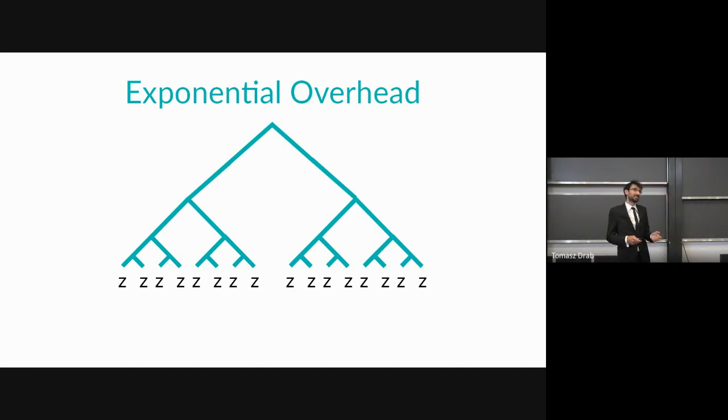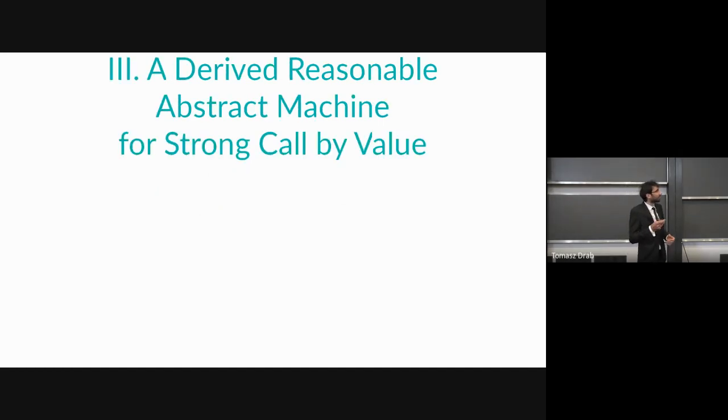And since the abstract machine we obtained builds every node of the syntax tree in separate steps, it does exponentially many steps and hence the overhead. So in the next technical chapter, we can see how it can be improved.